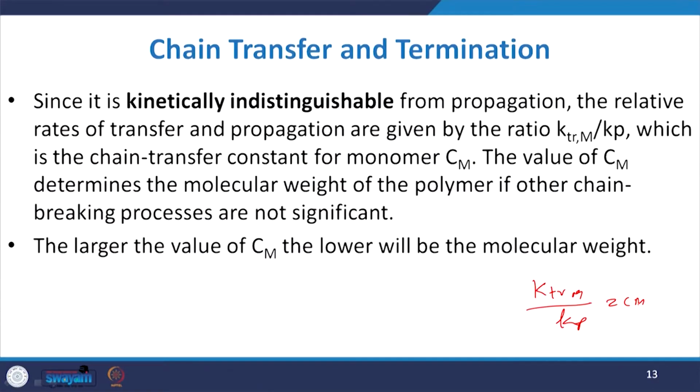The value of C_M determines the molecular weight of the polymer if other chain breaking processes are not significant. So again your molecular weight distribution plays a vital role. Now the larger the value of C_M, the lower will be the molecular weight. It is quite obvious from this particular mathematical equation.